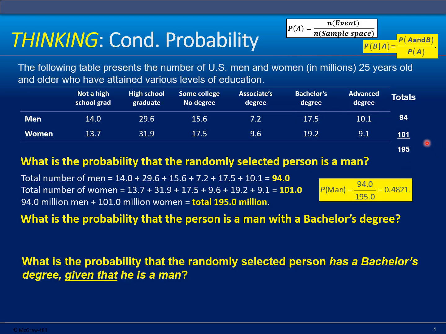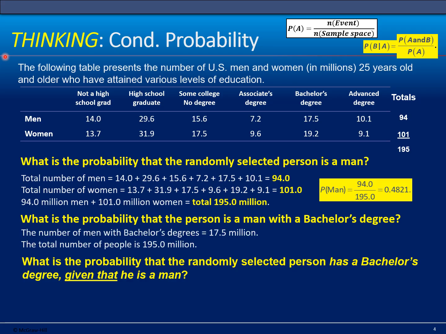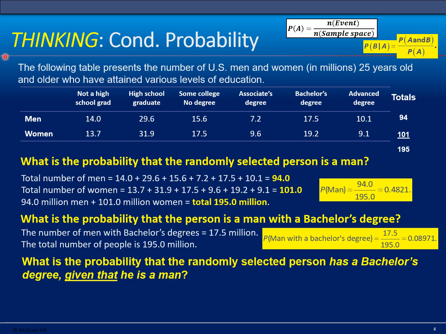We're going to divide it by the total in the population. So here we have 17.5 million divided by the total population. There are 17.5 million men with bachelor's degrees out of that 195 million. So that is our probability that a randomly selected person is a man with a bachelor's degree.